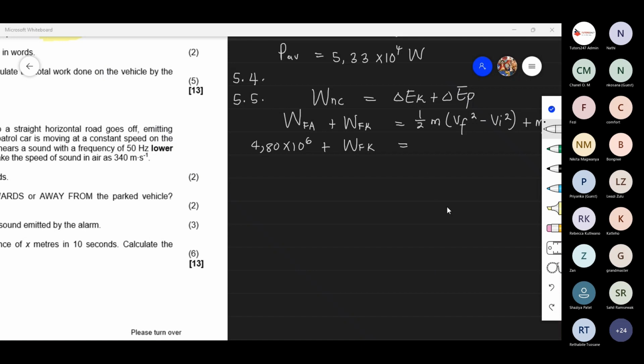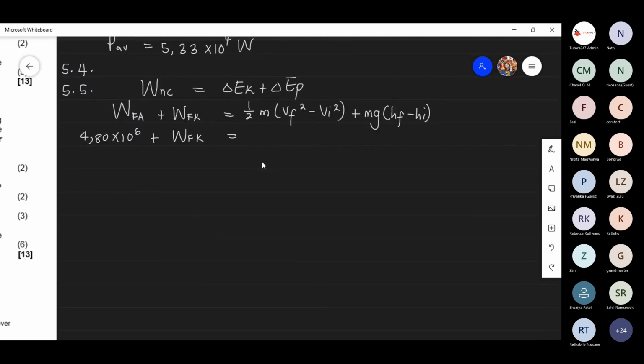Okay, so basically what we've done so far is we've substituted the work done by the applied force, and we've brought down the work done by frictional force, because that is what we are trying to calculate. Next, we need to deal with the right-hand side of our equation. So we can bring down the half.